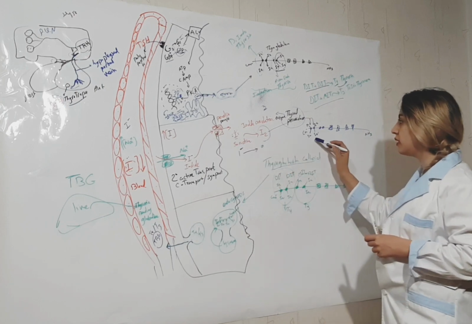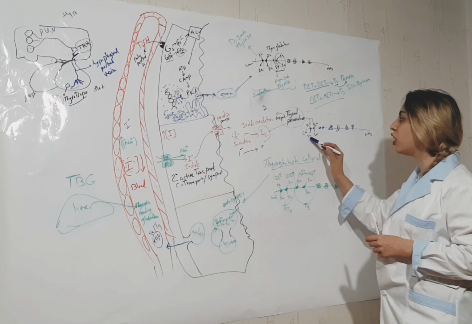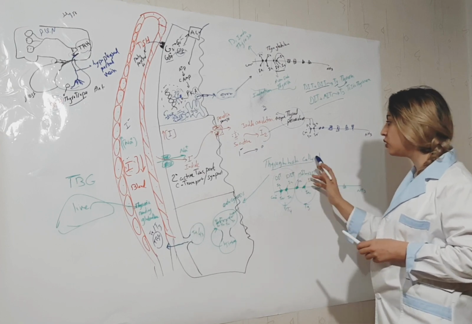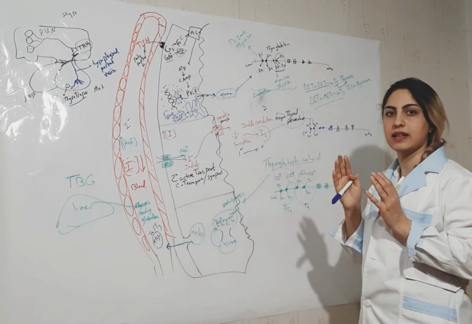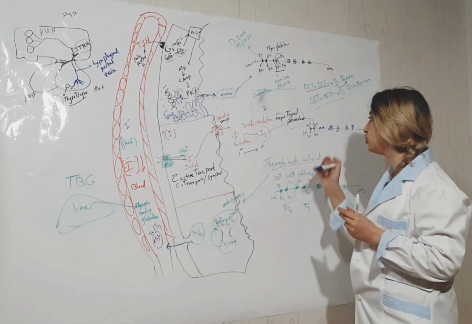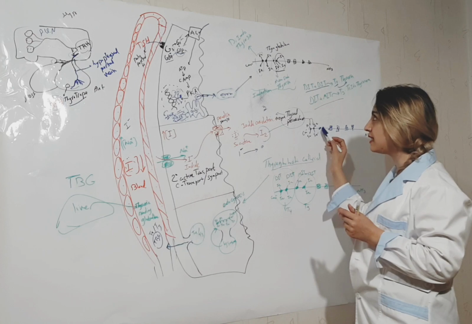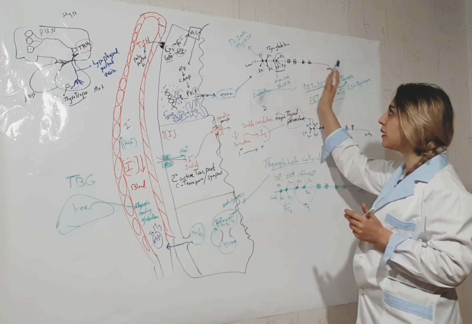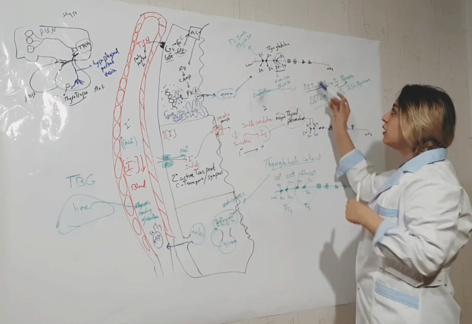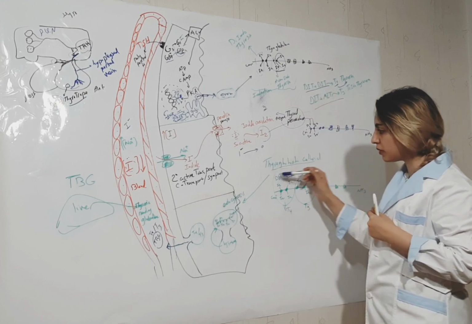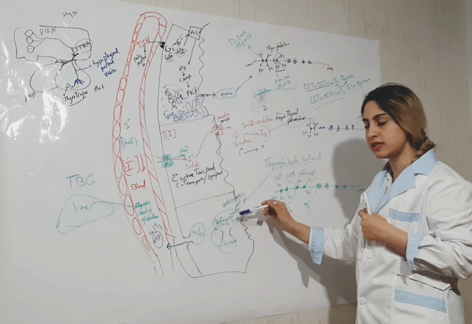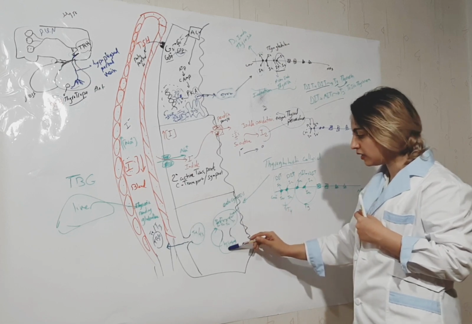The other job is iodinating the thyroglobulin, attaching the iodine to this amino acid tyrosine, and finally it will make this thyroglobulin colloid, and this thyroglobulin colloid must come inside the cell by endocytosis. It needs energy, and in here I have lysosome.